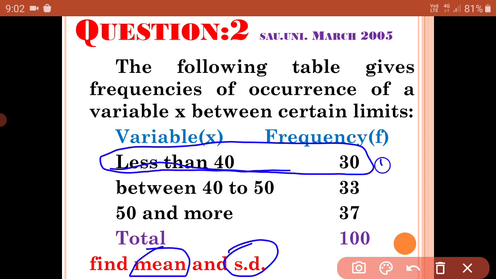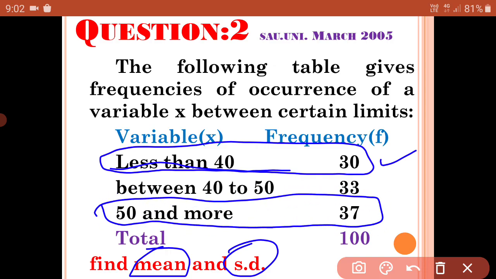So first point is less than 40, the frequency will be 30. And third point, frequency is 50 and more than 50, the frequency is 37. So these 2 points are important. Less than 40, 30, and more than 50, 37.